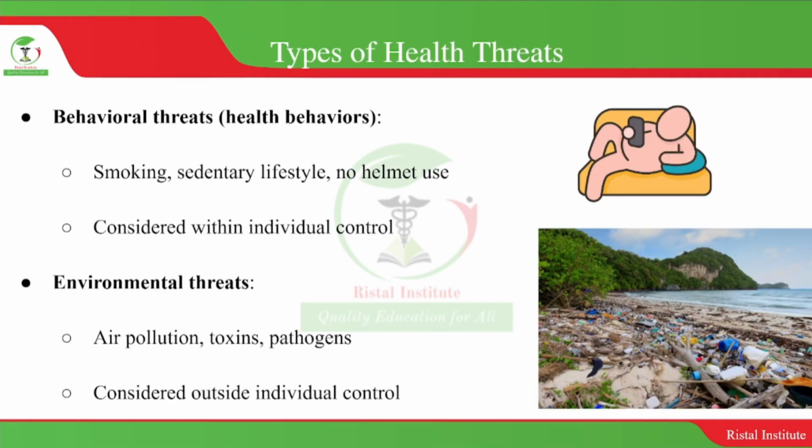So behavioral threats, what one is engaged in, those habits that put them at a higher risk of getting diseases. Smoking, drinking alcohol, not exercising, that is the sedentary lifestyle, not putting on a seatbelt, not wearing a helmet, and all those things. Those are behaviors.